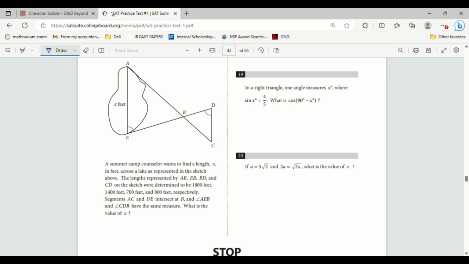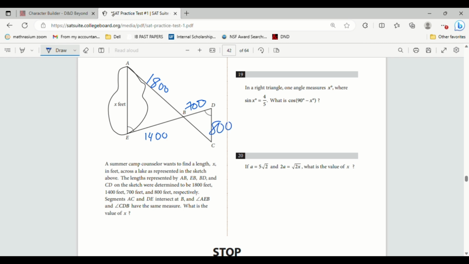So we're going to write down what values they just told us. So AB is the segment right here. It's equal to 1,800. EB is 1,400. BD is 700. And CD is 800.